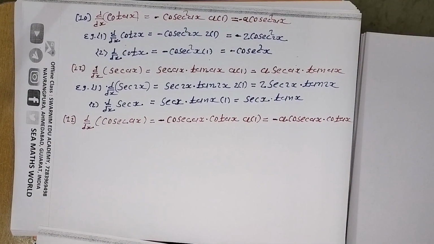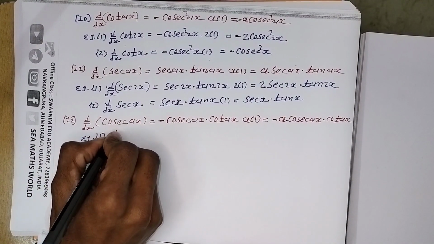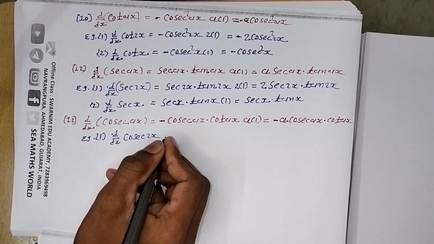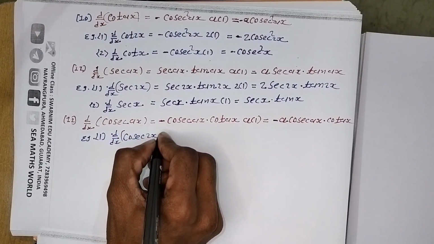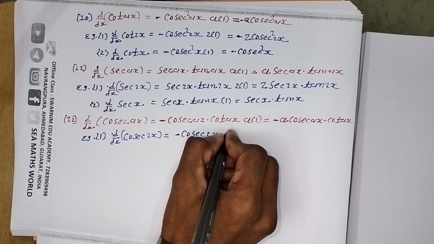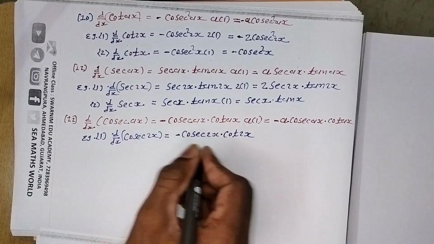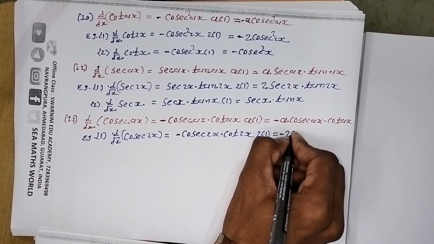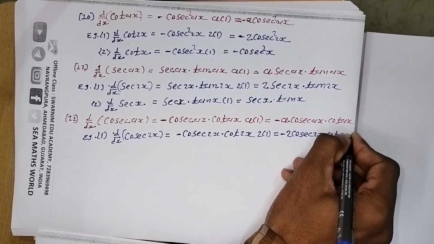Now let's understand through its example. Differentiation of cosec 2x is equal to minus cosec 2x into cot 2x. The angle is 2x, its differentiation will be 2 into 1. So finally minus 2 cosec 2x into cot 2x.